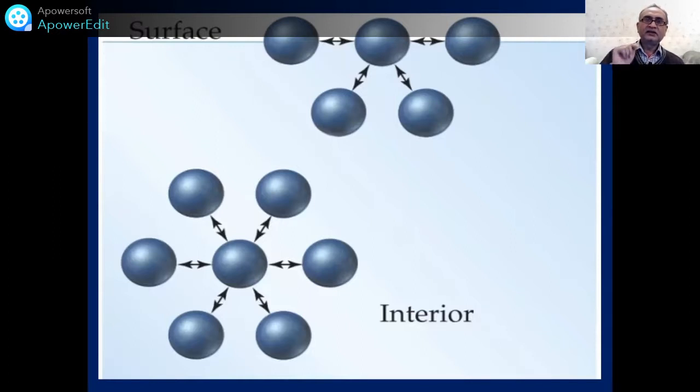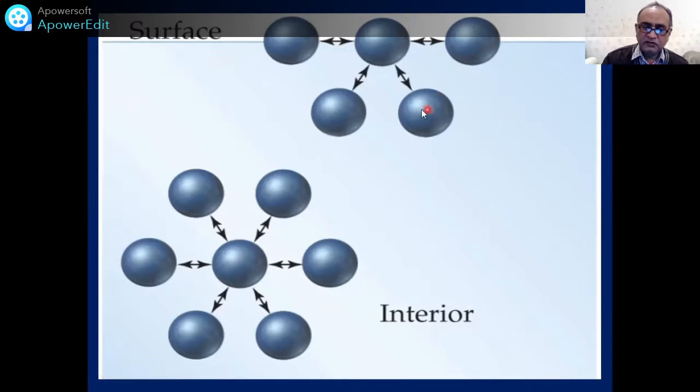Whereas you can see the surface molecule. There are four other molecules you can see over here. The left and right are balanced, but the molecules below, in reality it might be millions, are pulling the surface molecule downward, and there isn't any force acting on it to balance them on the upper side.